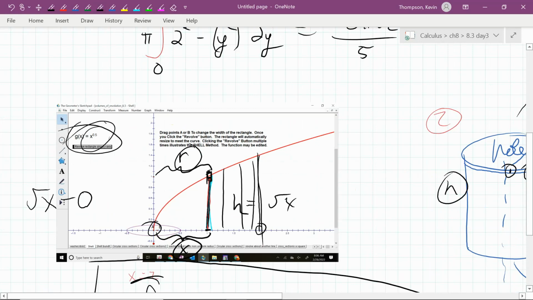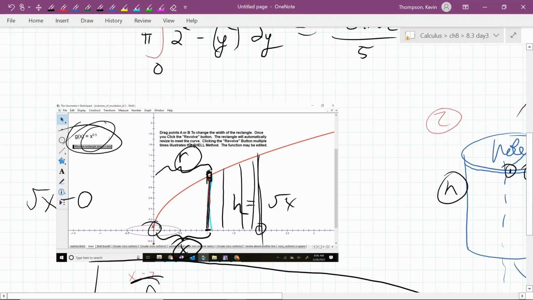Let's look at another one of these. Okay, so I think it really comes down to this. So here's maybe something else to include in your notes. Do you notice that when the rectangle is perpendicular to the axis of revolution, we're going to get a washer or a disk. When the rectangle is parallel to the axis of revolution, we get a shell.